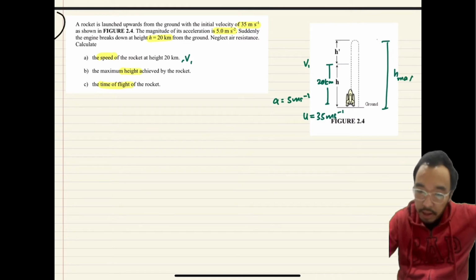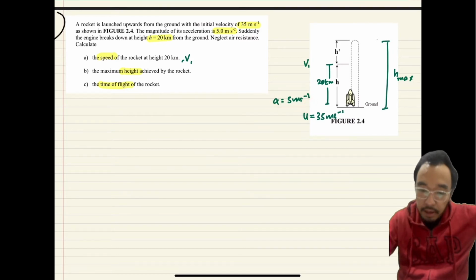Okay, so in this diagram, they already put symbols, a different symbol. This is the height, this is the height prime. So between 0 to this position, between the ground and this position, it undergoes acceleration of 5 meter per second square.